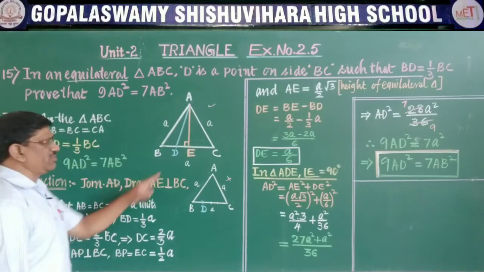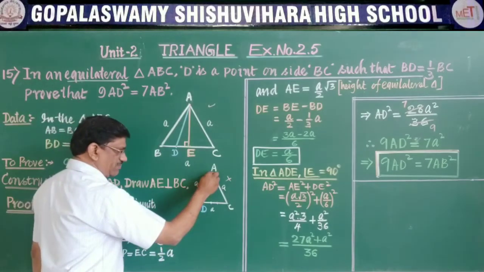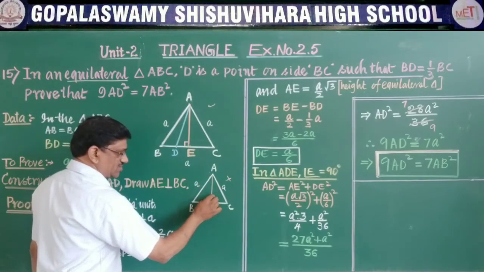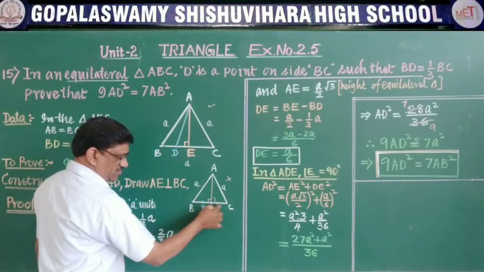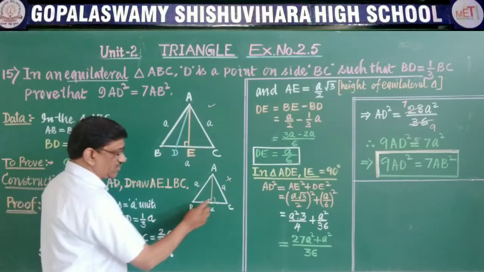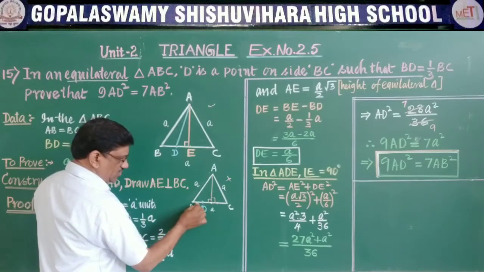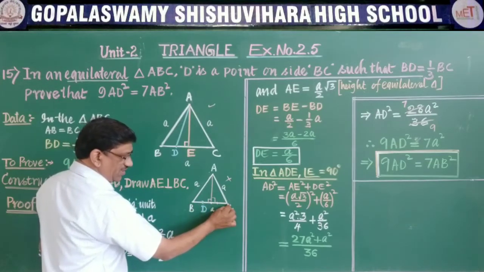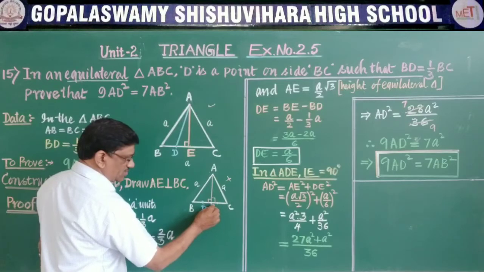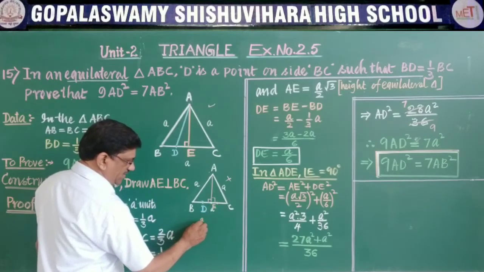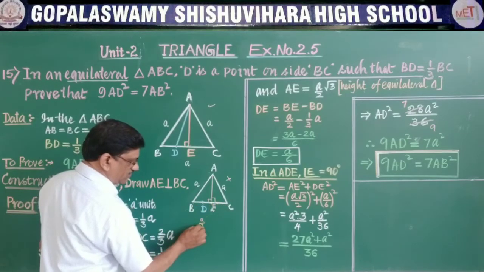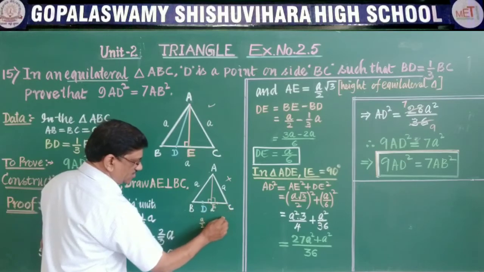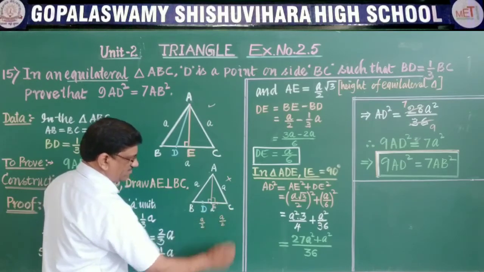So one thing you have to remember, children: whenever we draw a perpendicular in an equilateral triangle, it divides the side into two equal halves. Suppose BC is equal to A units, then let us consider this is E. BE is half of A, and EC is also half of A, that is A by 2.